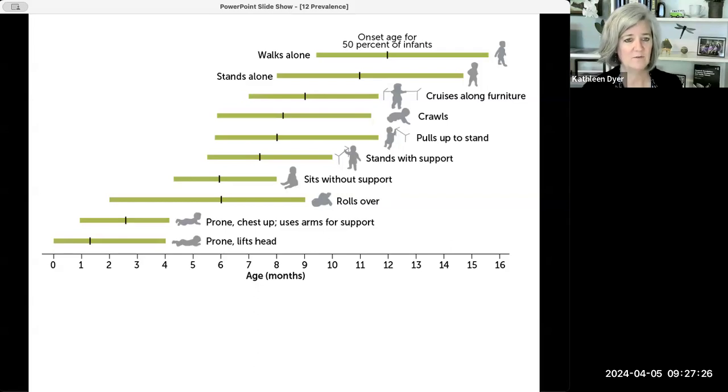That's useful if your friend has a 7-month-old baby and says, when do kids start sitting without support? And you look at your chart and you say, well, the average is 6 months. And she says, well, mine is 7 and she's not sitting without support yet. You can say, well, most kids will reach this milestone by the time they're 8 months. So I would wait until 8 months.